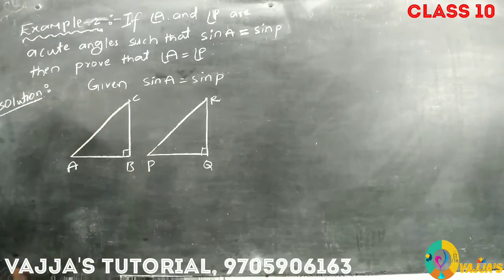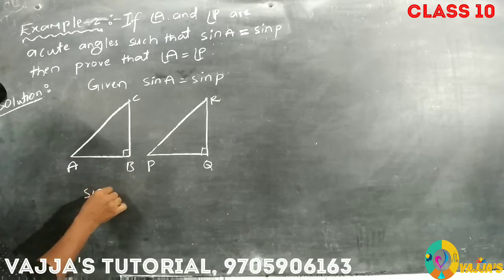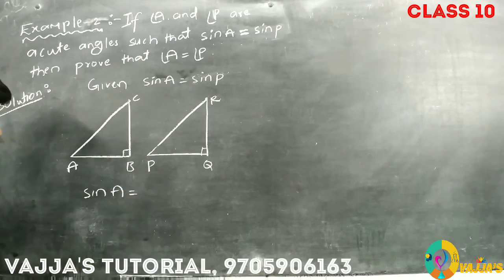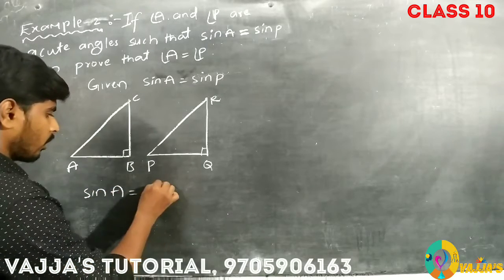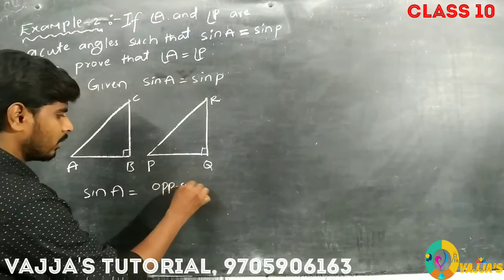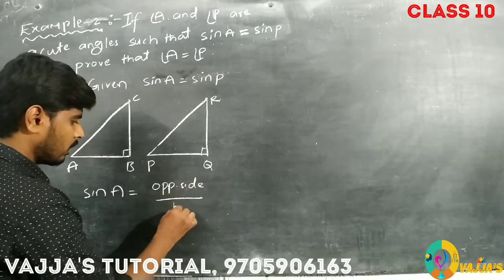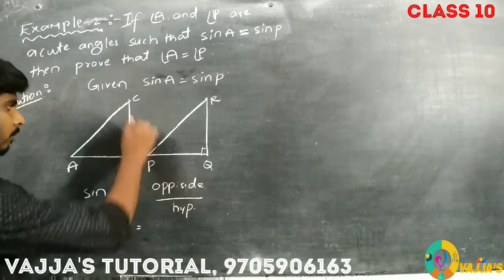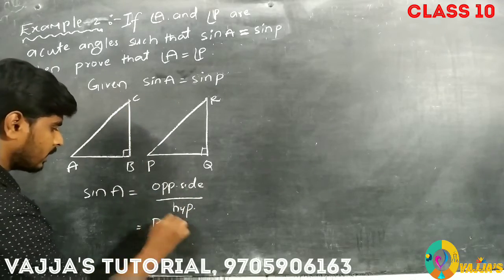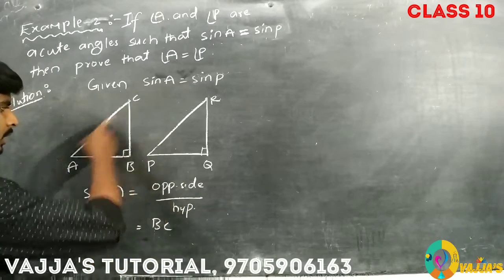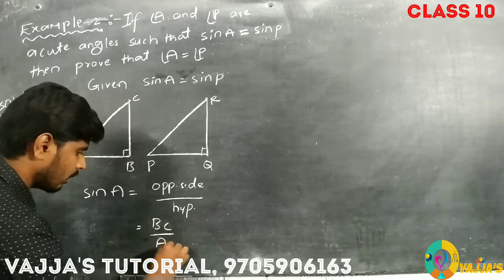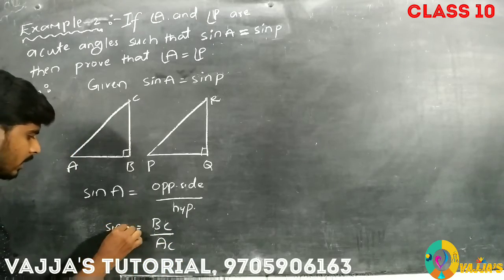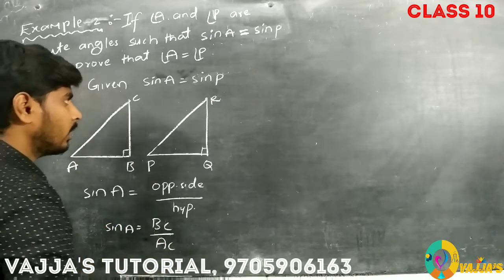Now, first of all take sin A. So what is sin A actually? Opposite side by hypotenuse. So what is the opposite side actually? BC, and hypotenuse is AC. Now sin A we got here, BC by AC.